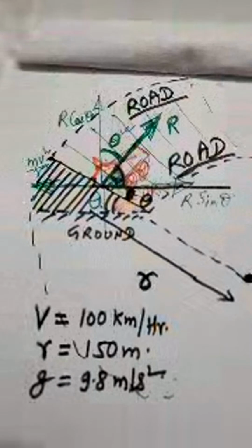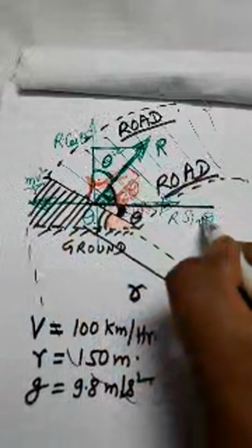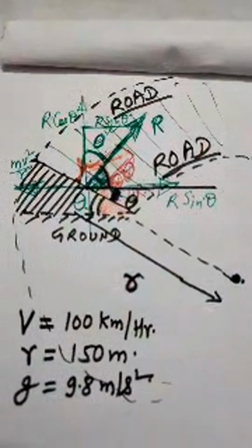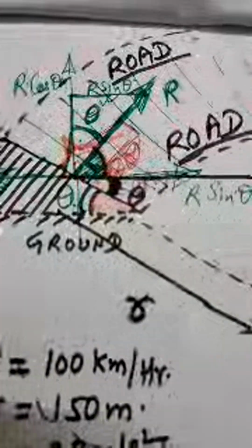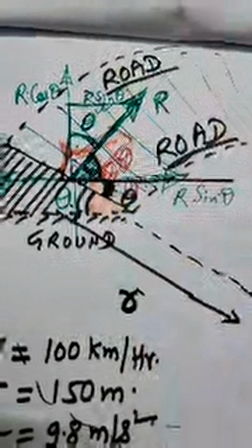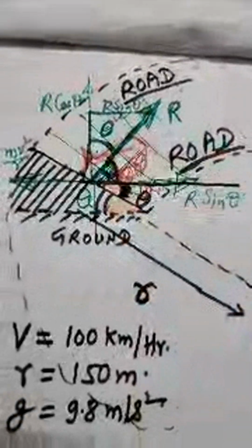And if you draw this triangle, we can say if this is R sin theta, then this R sin theta is lying over here, right? Then you can say tan theta is R sin theta by R cos theta, right?